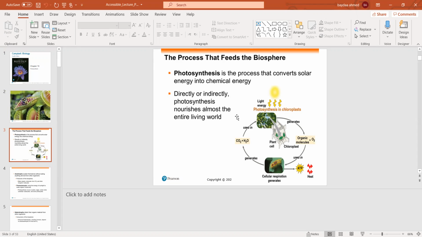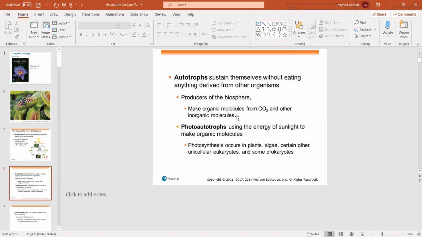Photosynthesis nourishes almost the entire living world directly or indirectly. Organisms acquire the organic compounds they use for energy and carbon skeleton by one of two major modes, autotrophic nutrition or heterotrophic nutrition.